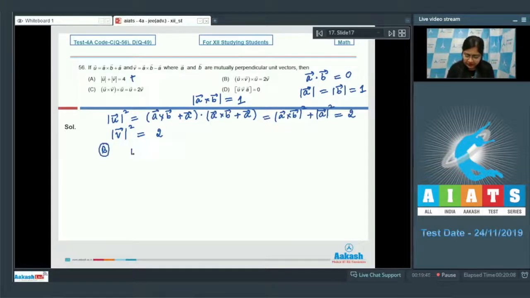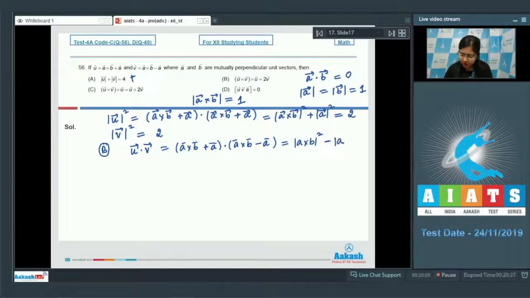Now let us find u dot v, that will be equal to a cross b plus a dot a cross b minus a. So this is equal to mod a cross b whole square minus mod a square. So that is equal to 1 minus 1, that is 0, which means that u vector and v vector are perpendicular to each other, right?